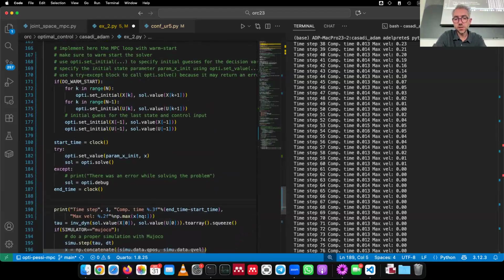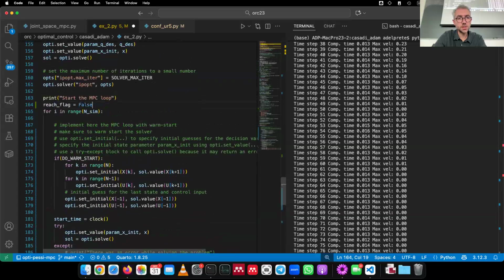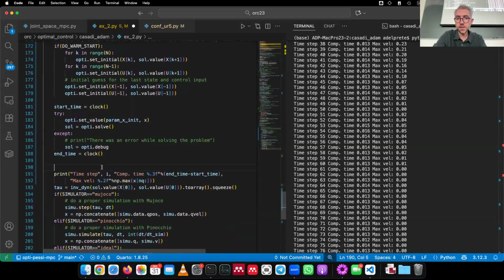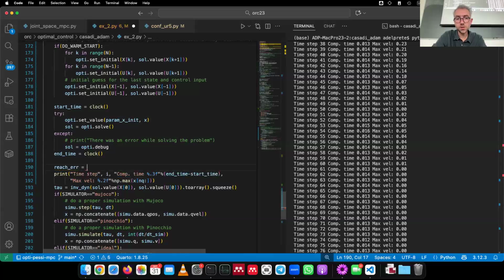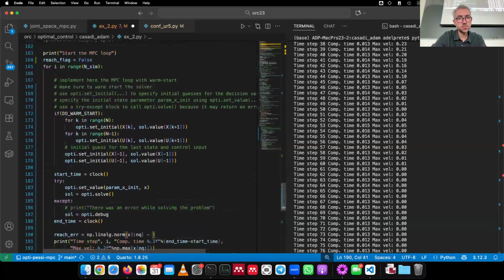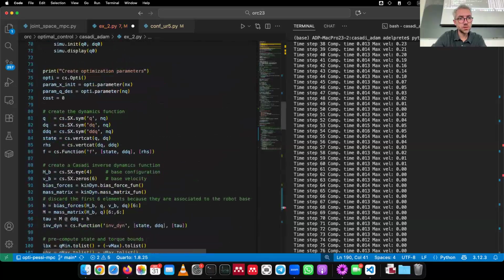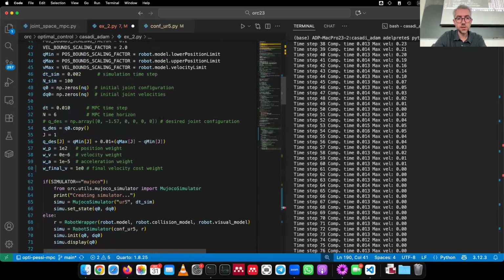Let me do it here. Reach flag equal to false, and this we're going to move outside. And then here I need to check the reach error, which is the norm of Q minus Q dash, exactly Q dash.